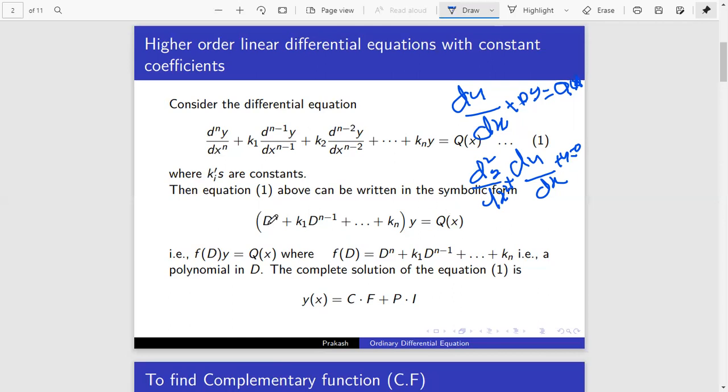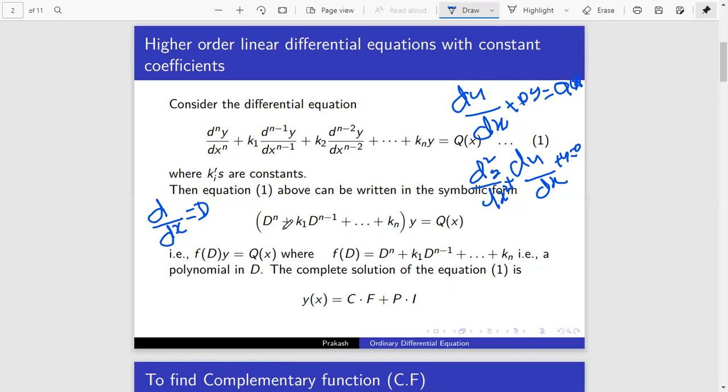In the first equation I can replace d by dx, that is, d by dx equal to capital D. Then we can rewrite the same equation number 1. Now it is a polynomial in D. Now we want to solve this differential equation.